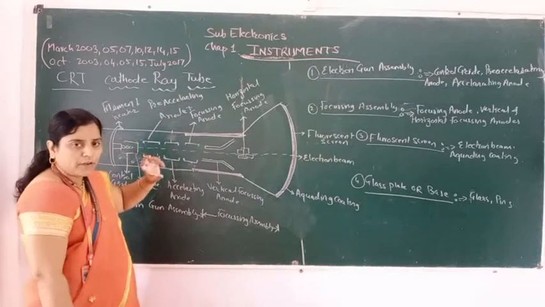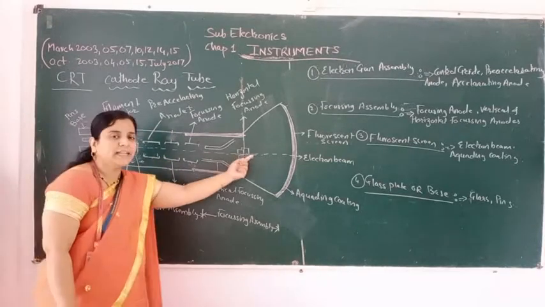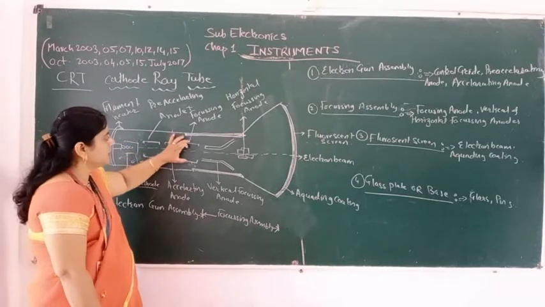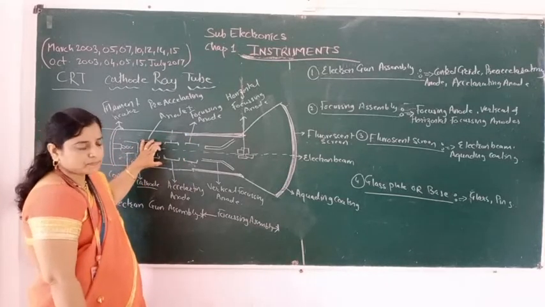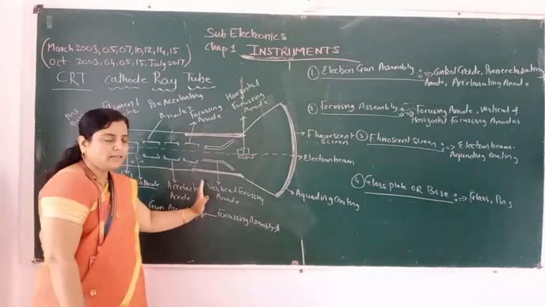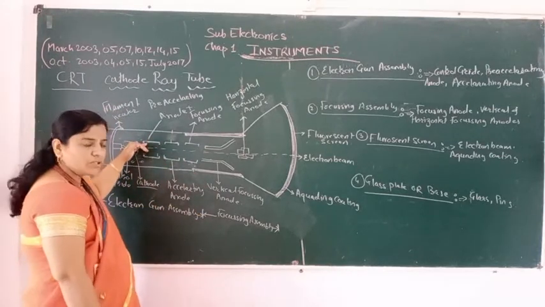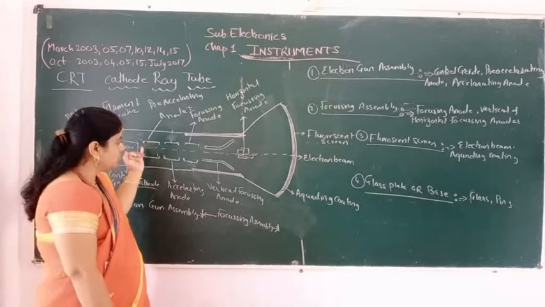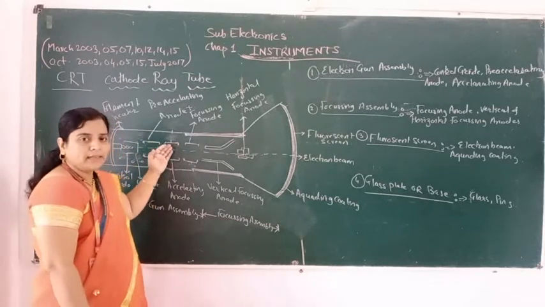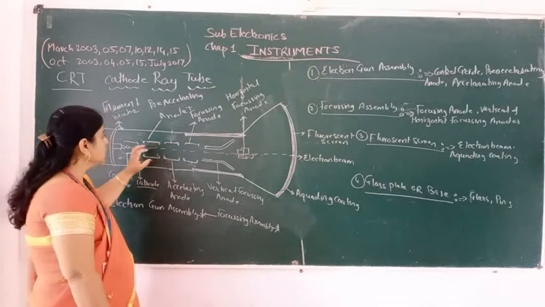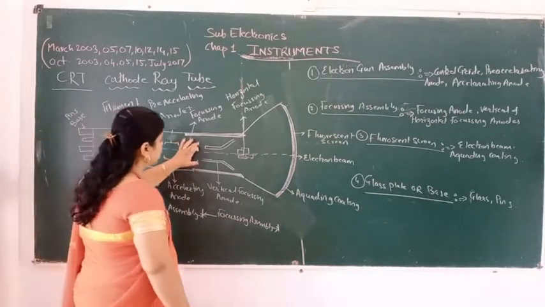But they should flow in one direction, and that direction is given by these accelerating anodes. Up till here you understand? The accelerating anode gives the path to the electron beam and also gives the speed. Okay?